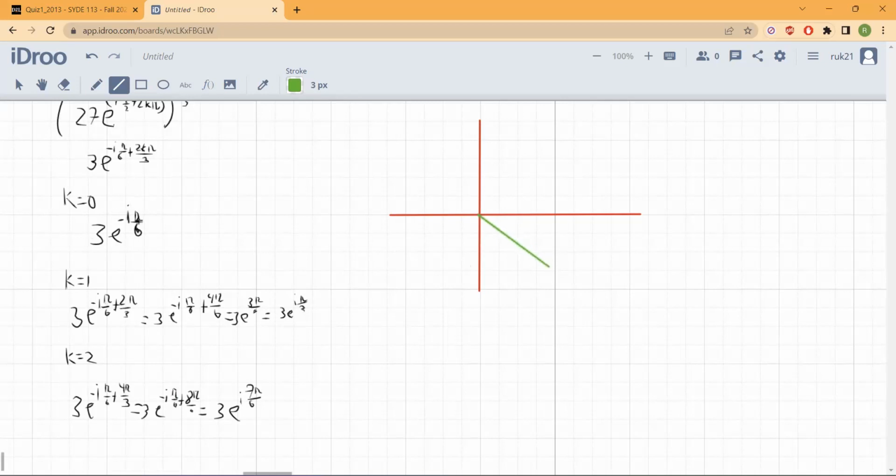And then negative pi over 6, so that's 180 over 6, which means that it has a degree of 30 degrees. So then we're going to rotate this quickly to make it resemble that it's 30 degrees, and it's 3, so somewhere over here. Then this would be our first root.